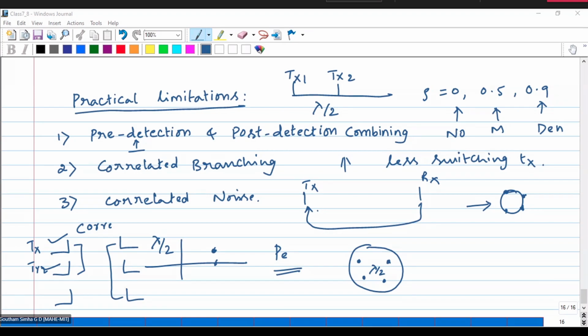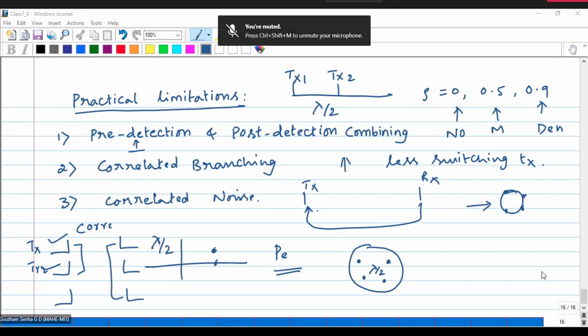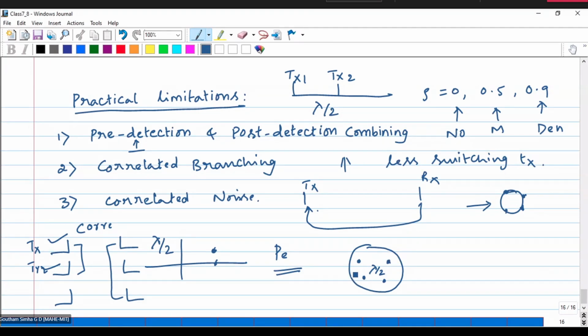If all the antennas are circularly placed, antenna 1 and 4 may not have uncorrelatedness; it still possesses correlatedness. How do you handle that? If the antennas are placed in this fashion, you have to maintain a minimum distance of lambda by 2 between the antennas which are opposite to each other. So you start with this as the first antenna, this as the second antenna, and the third antenna, and the third and fourth antennas have to be separated by a lambda by 2 distance.